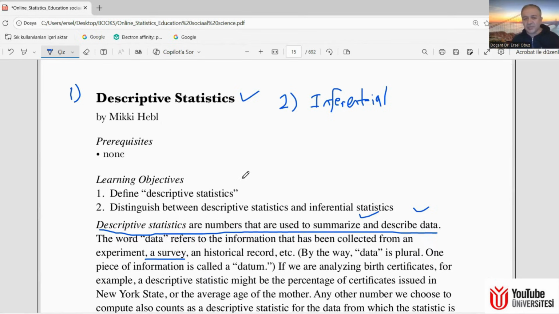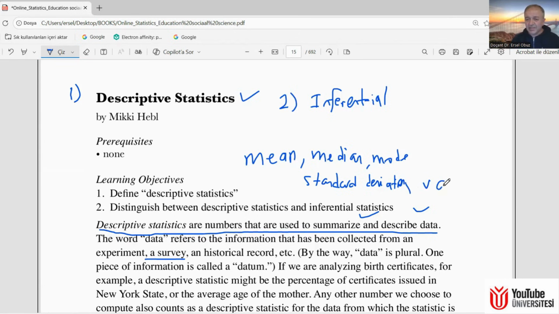When you think about descriptive statistics, you can think about mean, median, mode, standard deviation, variance, and so forth.